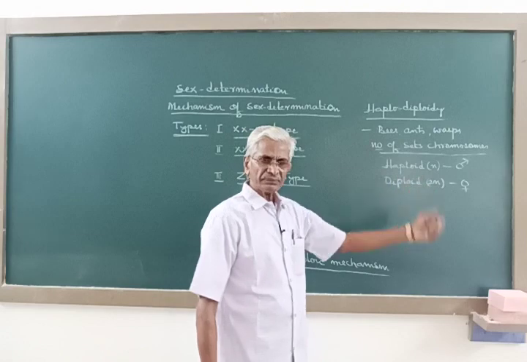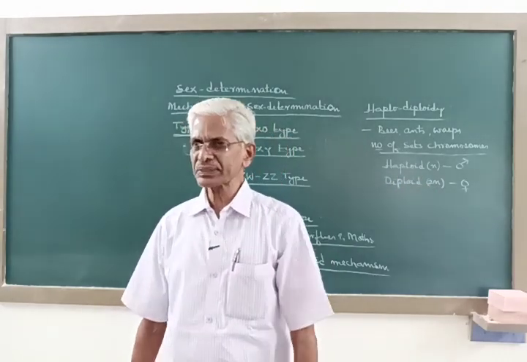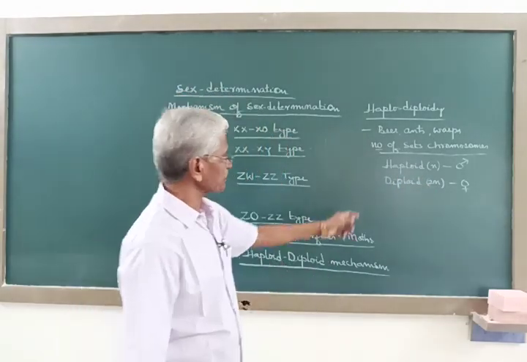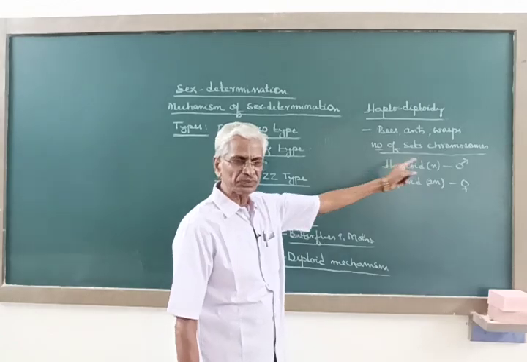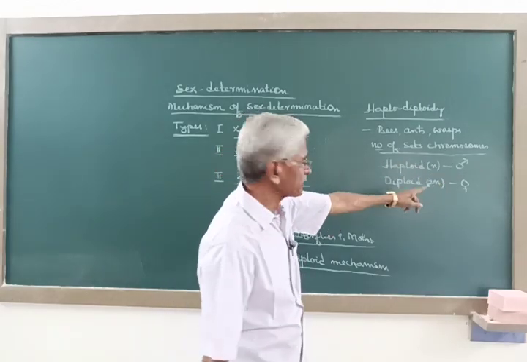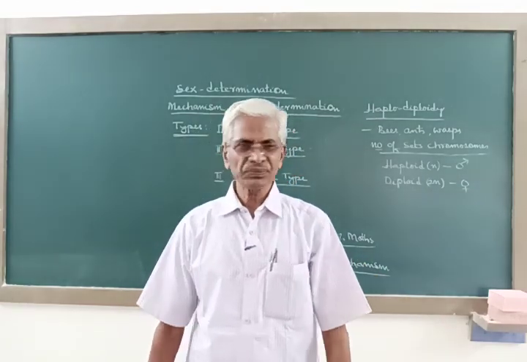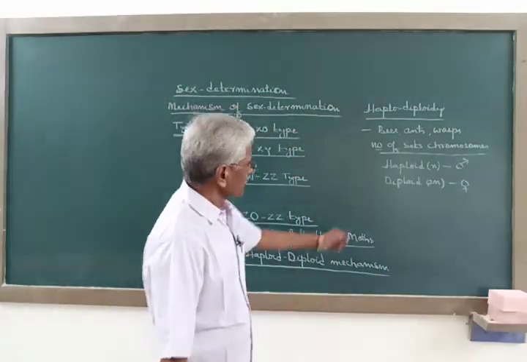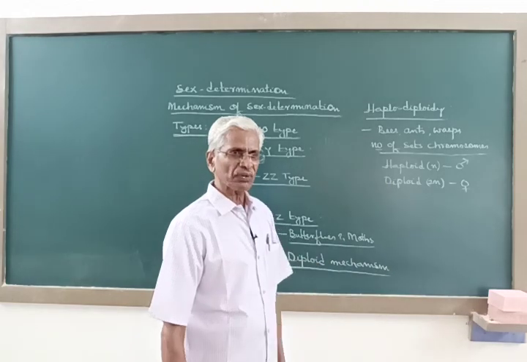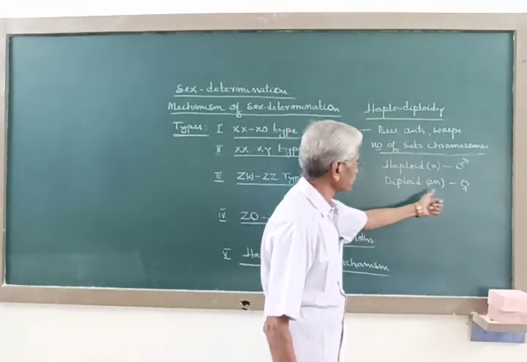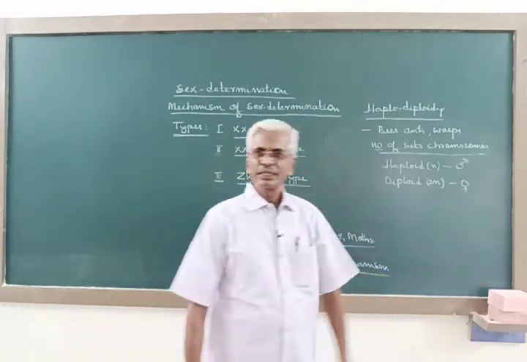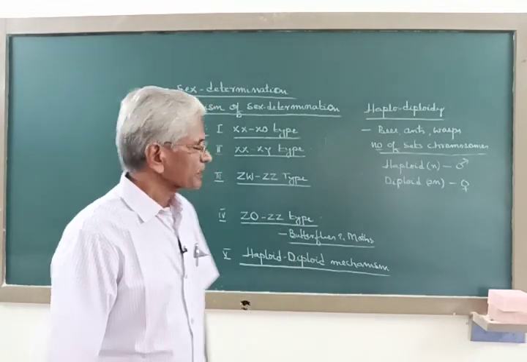If the offspring has only one set of chromosomes, n number of chromosomes, haploid number of chromosomes, then the sex of the individual will be male, and if the offspring has two sets of chromosomes, diploid number of chromosomes, 2n number of chromosomes, then it becomes female.